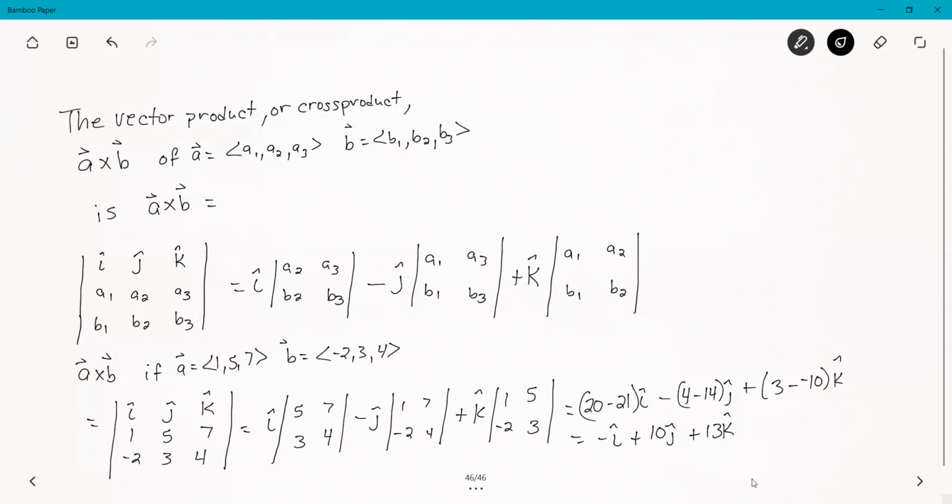Okay. All right. And then there's a theorem. So your first theorem in this section is the vector product. The vector product or the vector A cross B is orthogonal.